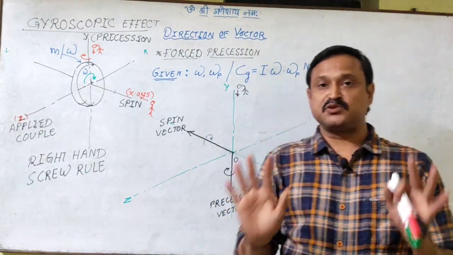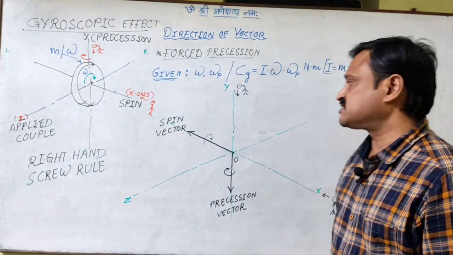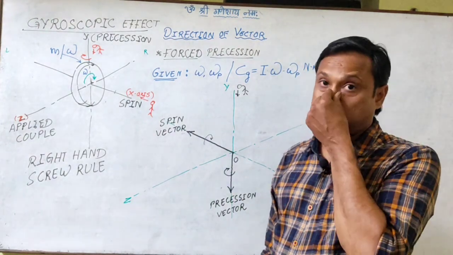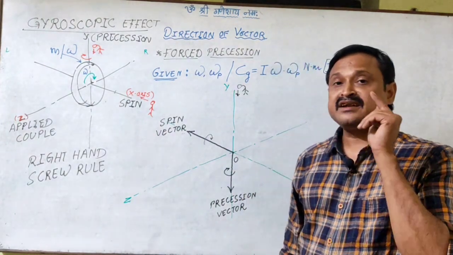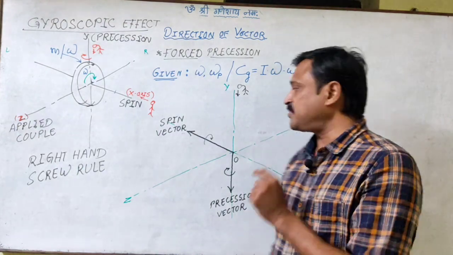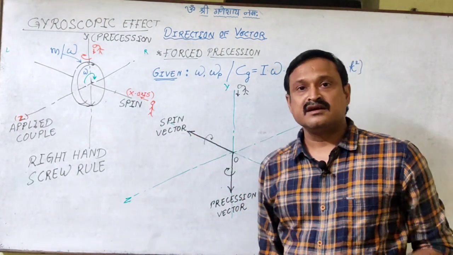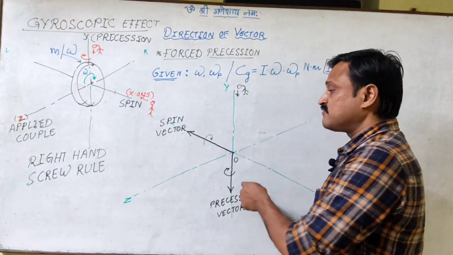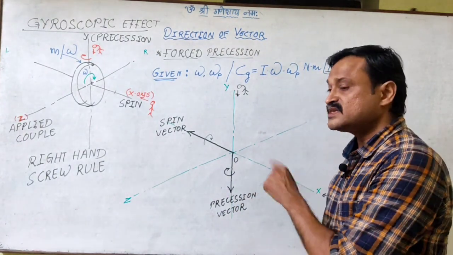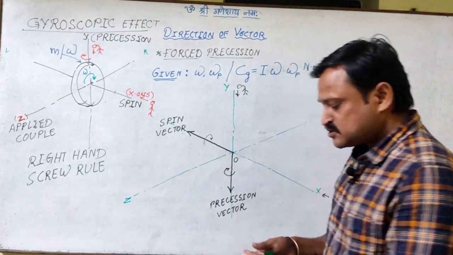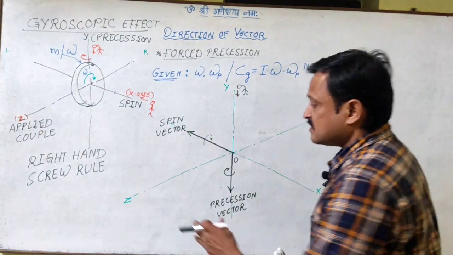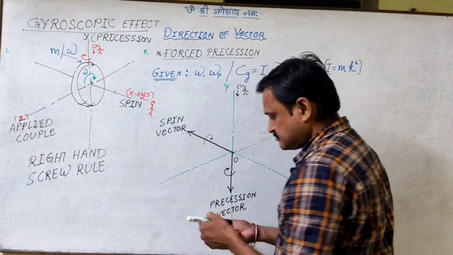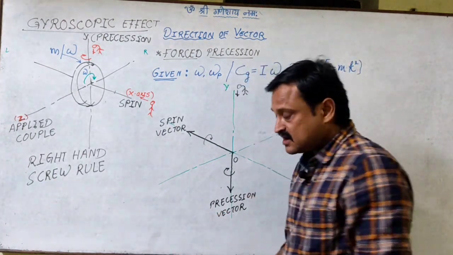Magnitude of couple is known to me. Now, the simplest way of determining this couple is by turning the spin vector in the direction of the precession by 90 degrees.